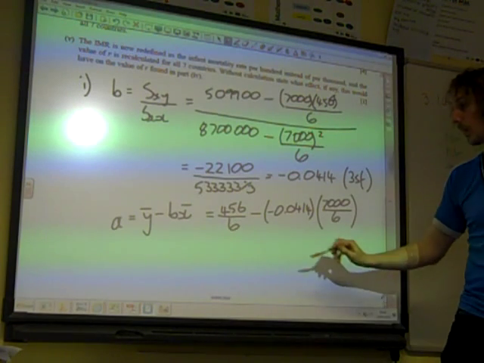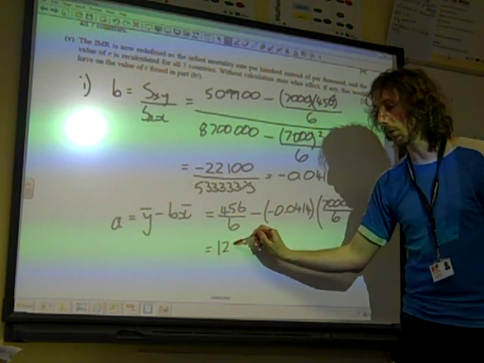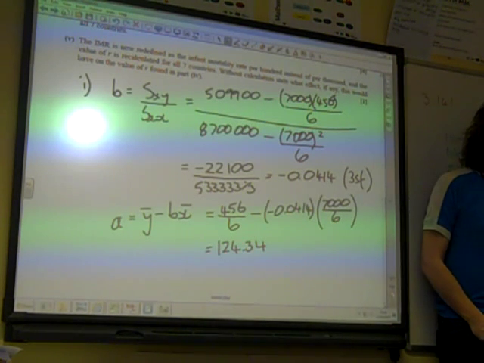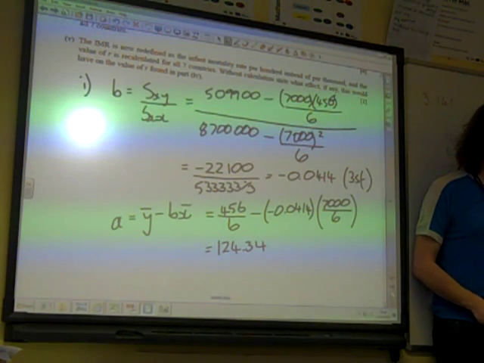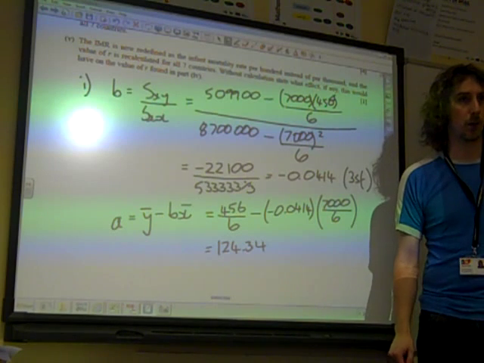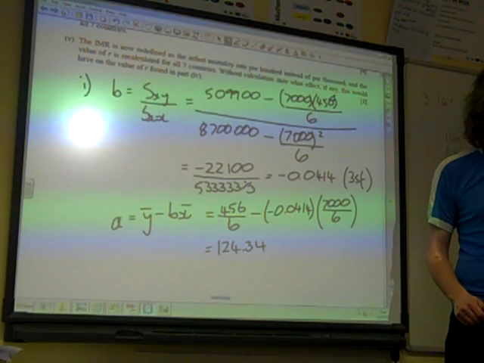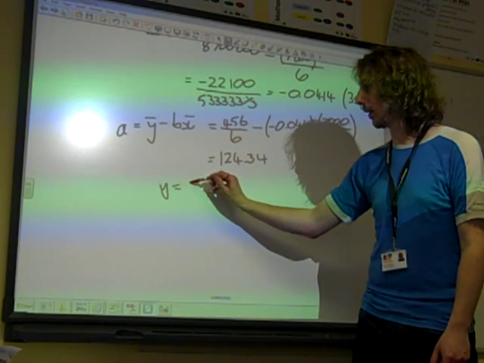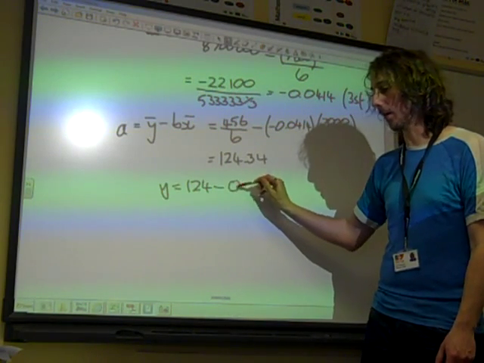Okay, that's right. And that gives us 124.34. It's just a case of putting the right numbers in the formula. The formula's in the formula sheet. It's the same calculation we've done many, many times. So it should have been some relatively safe marks.